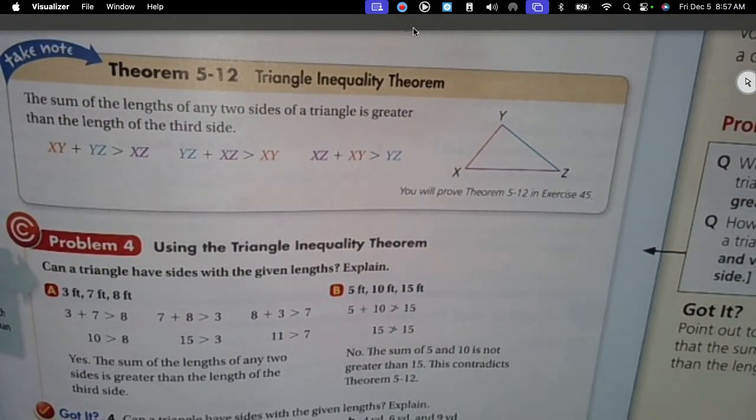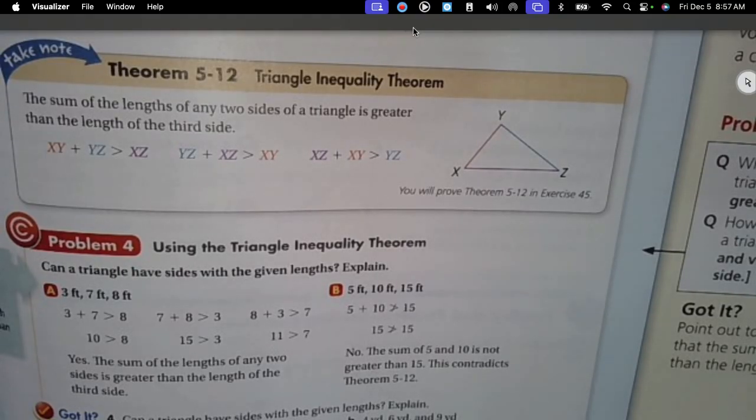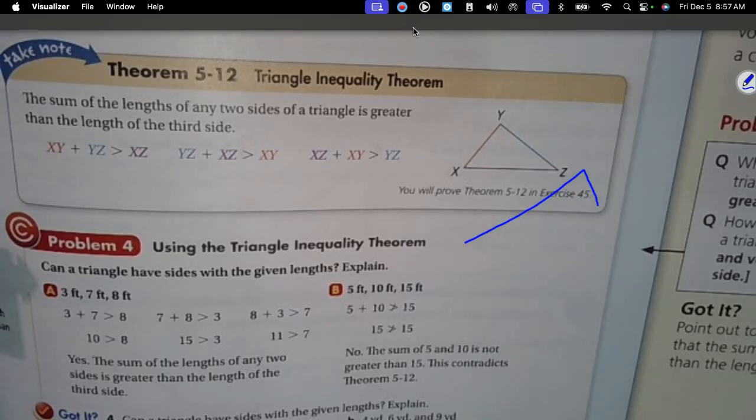It says the sum of the lengths of any 2 sides of a triangle is greater than the length of the third side. Y'all, this should make sense. If I take 2 sides of a triangle, here and here, if I add those together, whatever they are, it has to be bigger than this side.